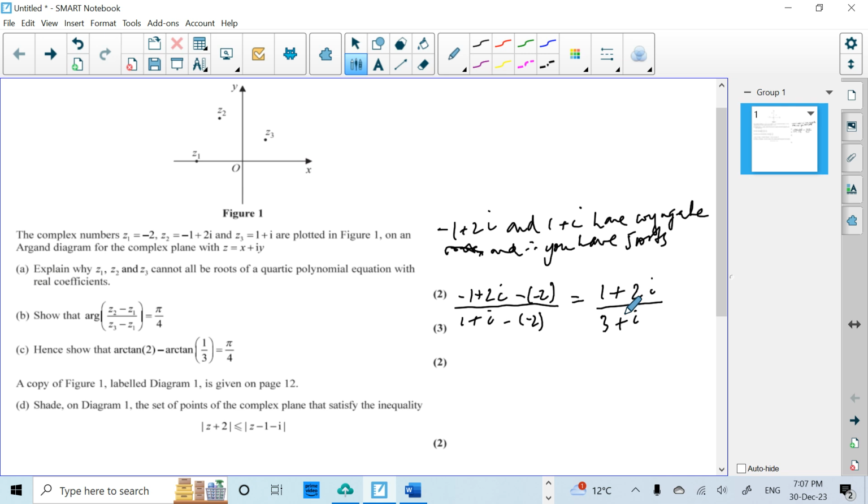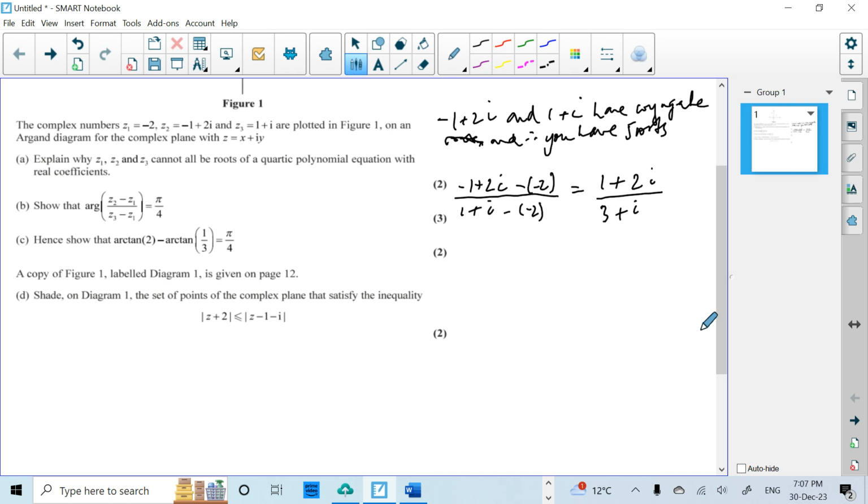Now we have to rationalize that denominator. So if I move it down here, I've got 1 plus 2i over 3 plus i, and I've got to multiply that by 3 minus i over 3 minus i.